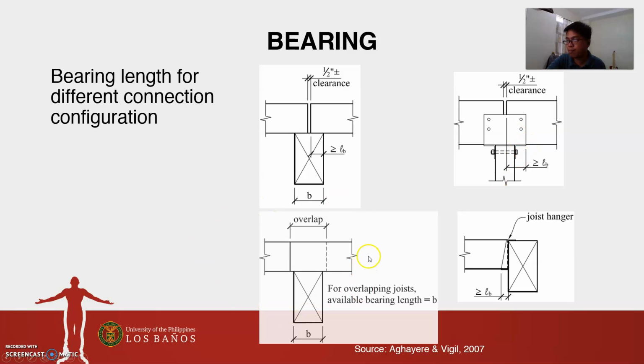If there's an overlap, meaning there's a beam that goes here and another that goes here, the available bearing length would be the supporting beam length or thickness. And for a joist hanger, it would be this part here. So you should be aware of the connection configuration for you to determine the bearing length and consequently maybe the bearing stress, depending on the type of problem. So you may know if it is adequate in bearing.